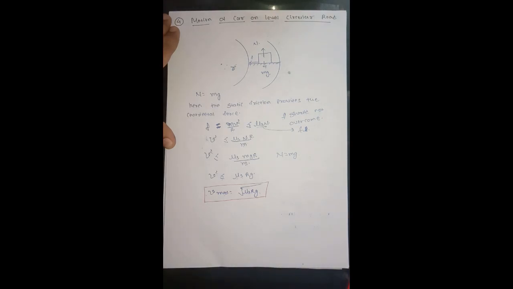It is not possible for a car to move on level circular road which is perfectly smooth. So note this thing.